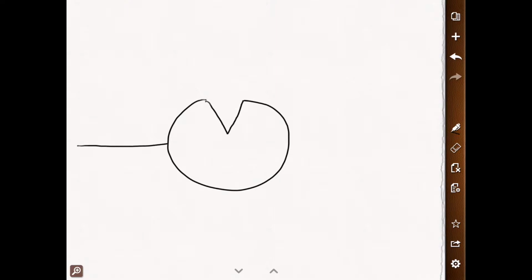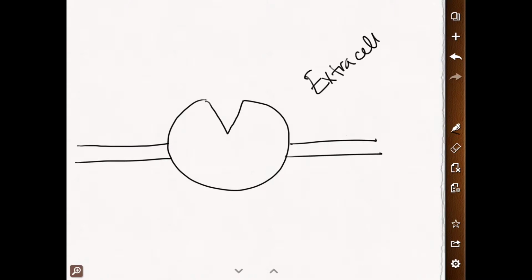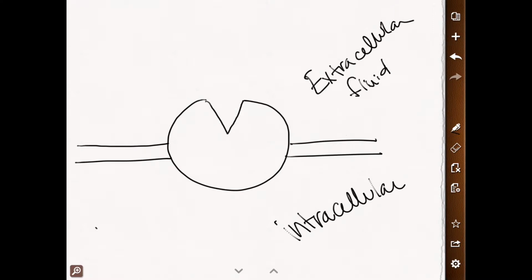So our membrane is maybe across here, and you can see that this protein spans both sides. So this is the extracellular side, and this is the intracellular side. So we have extracellular fluid on this side, and on this side we have cytoplasm in the cell. Okay, and this is our protein.